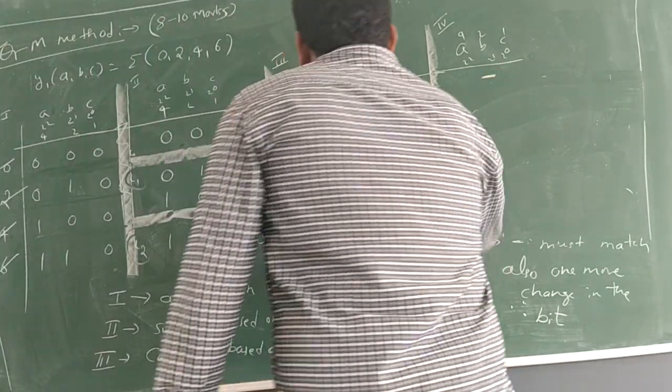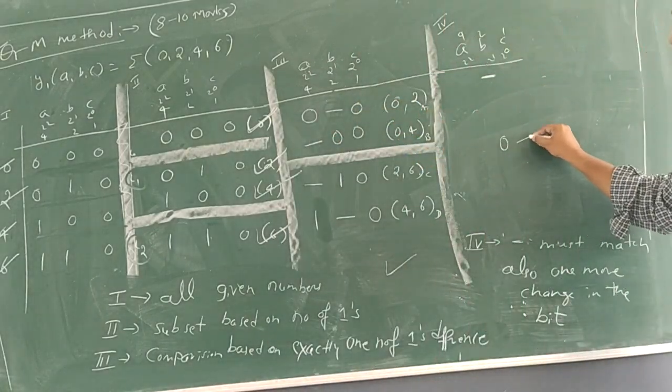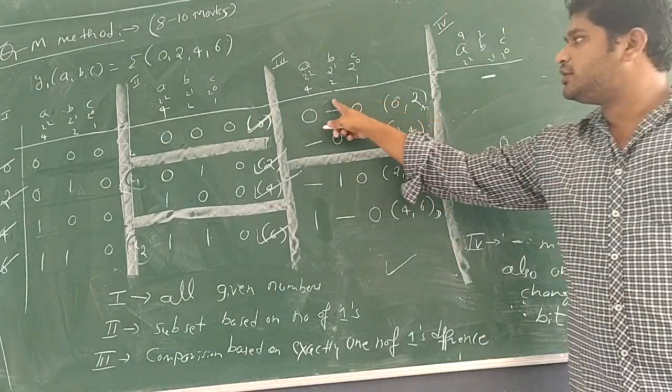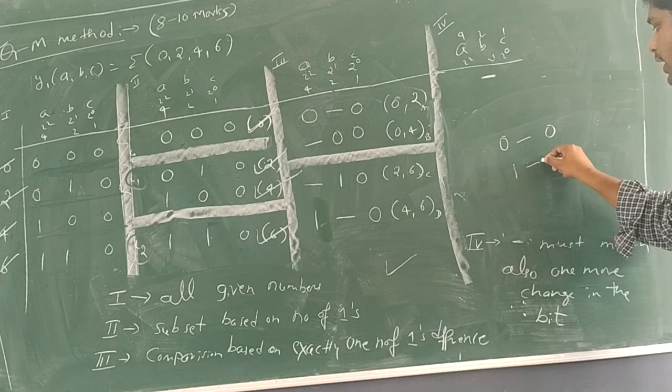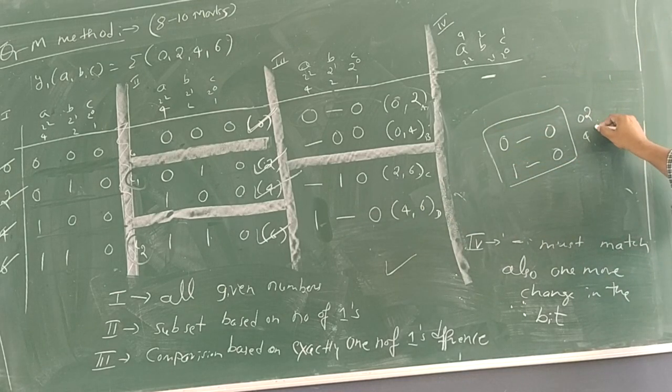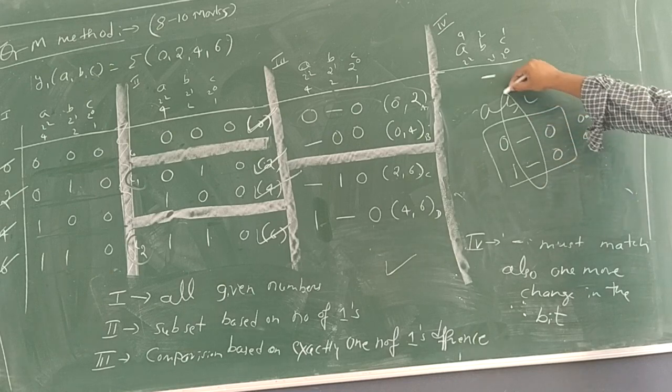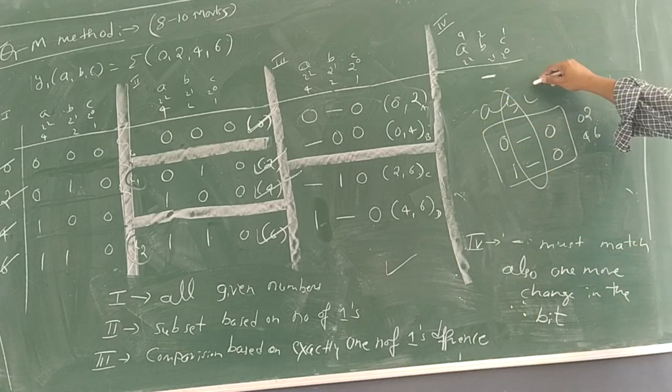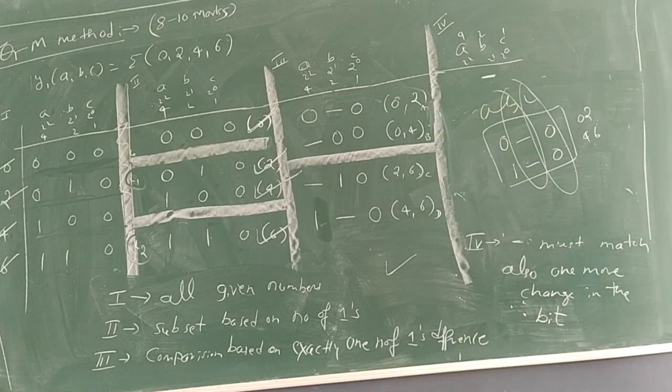Okay. So now I will write here 0 hyphen 0. This one, 1 hyphen 0. See, this is 0 2 and 4 6. This is ABC. Okay. So now you see. What is this? Same. How about this? 2 same. So what is same? Hyphen.